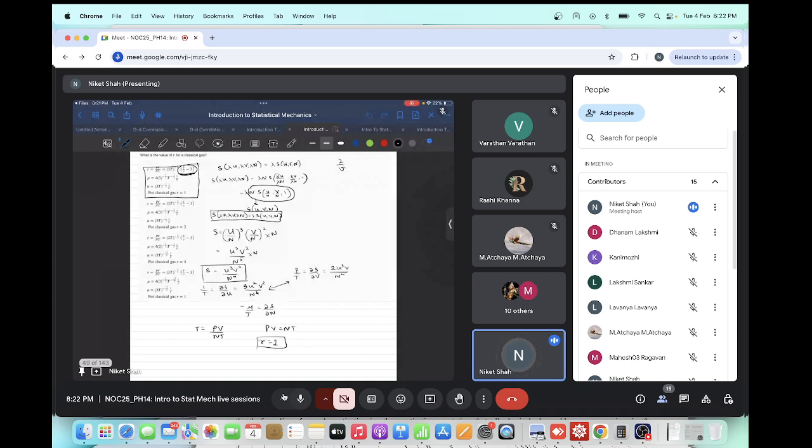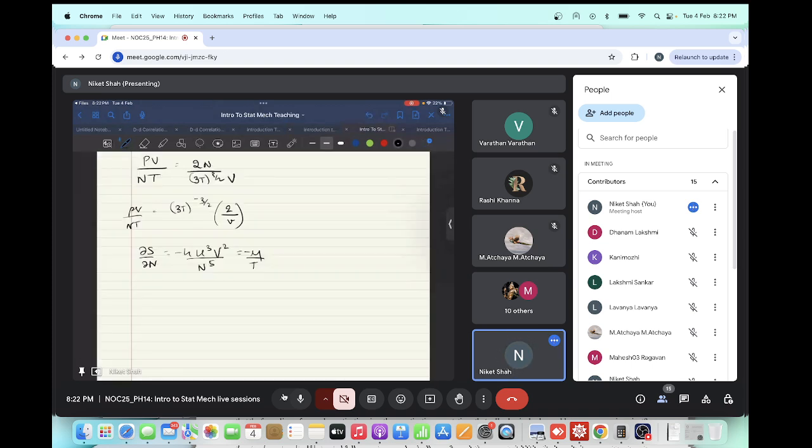minus mu by t, this is minus mu by t, del s by del n, right? So minus 4 v square upon n raised to power 5, minus minus actually gets cancelled, into t into u cube.